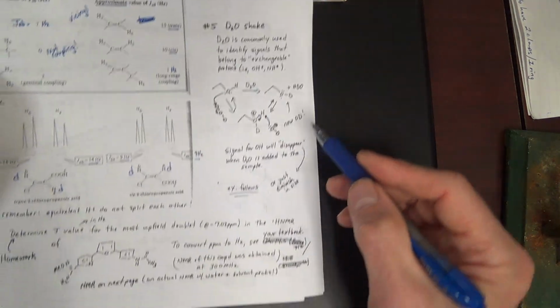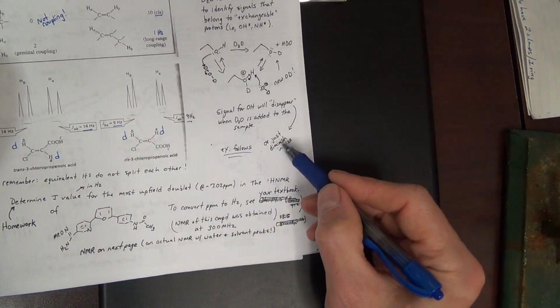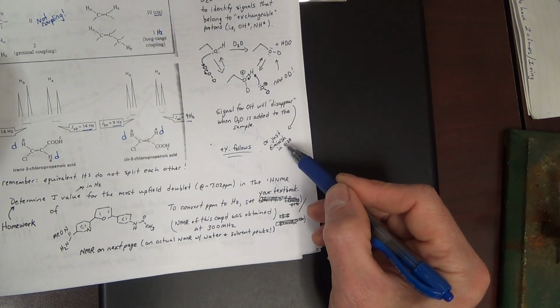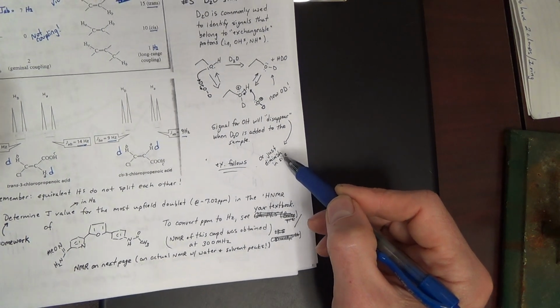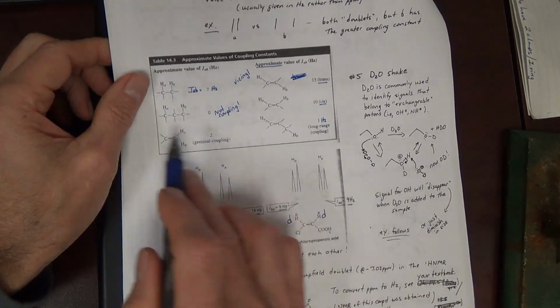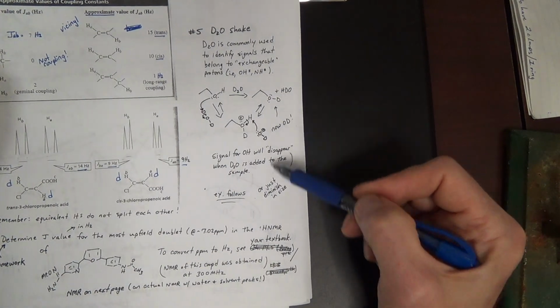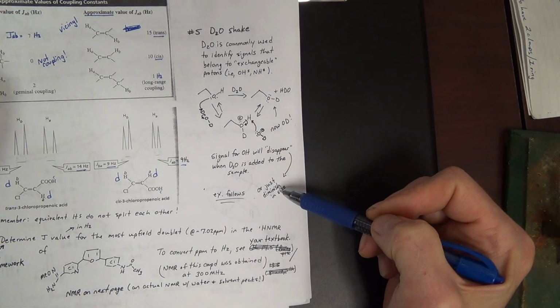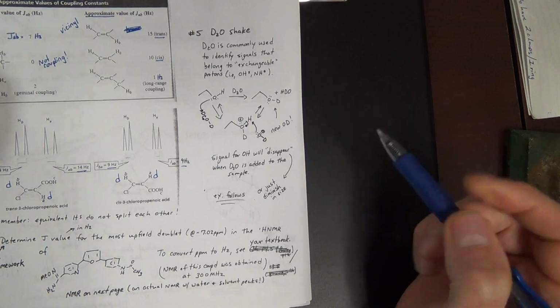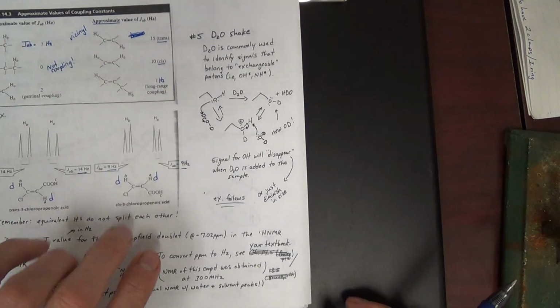Now, in practice, they don't entirely disappear. They often just diminish in size. Now, CHs typically are not going to do this chemistry, and CHs are not going to exchange, and thus CHs would never diminish in size. Let's see how this can be used in NMR.